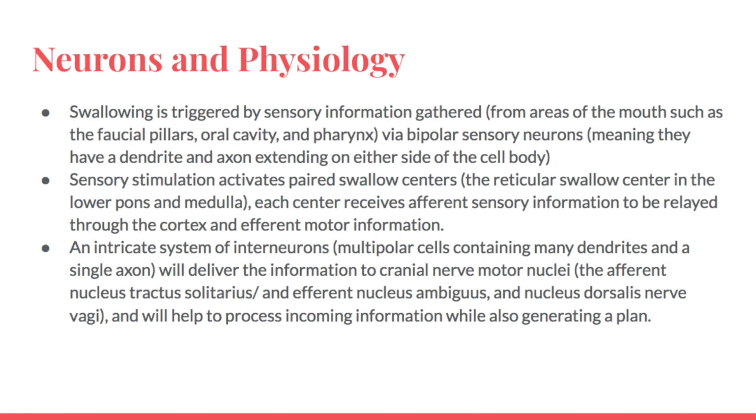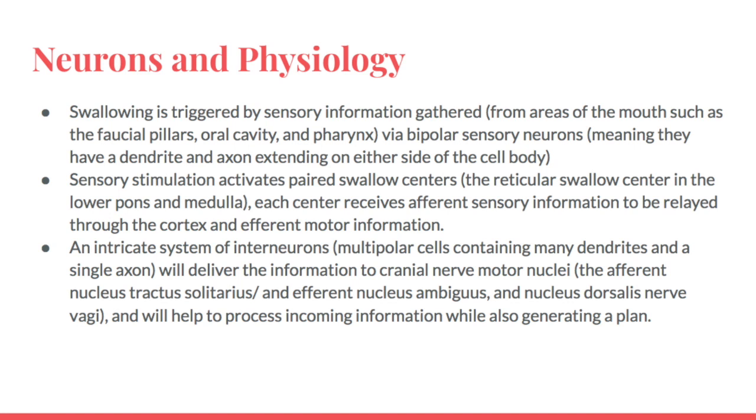So each center will receive afferent sensory information and it will relay that to the cortex, and it'll also gather efferent motor information, which is triggered by the sensory information of pressure on those areas like the faucial pillars or the velum, which triggers swallow.